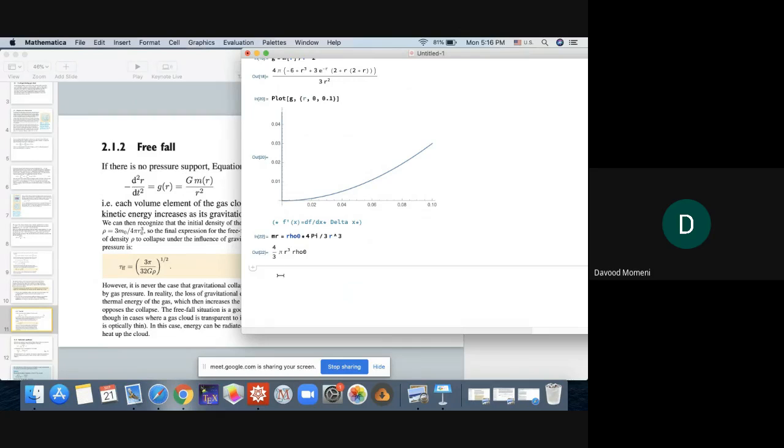So if you write these expressions, minus the second derivative of r with respect to time is equal to G multiplied by that over r squared.